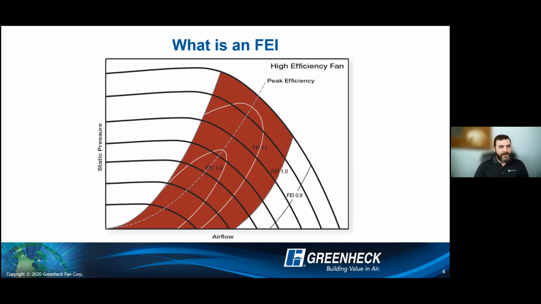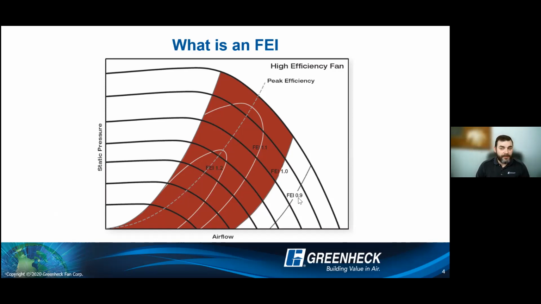And on top of this fan curve, you see your different RPM curves as you go along, and you have your peak efficiency line. What we're looking at is you can see if I pick a point anywhere in there, the FEIs, and I'll try to use my mouse a little bit here, the FEIs actually change by where you're operating that fan on its fan curve.